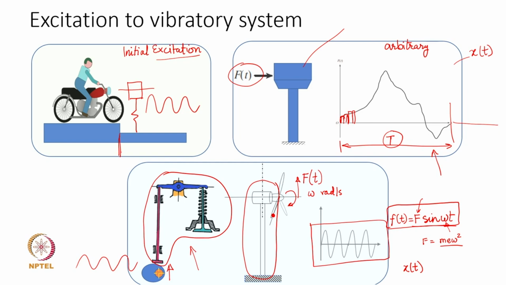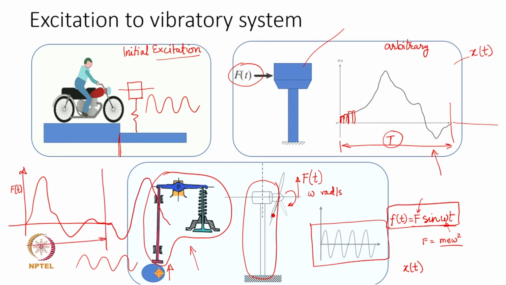Typically you might as well find an excitation function which may not be exactly harmonic, right. So, for example, in an IC engine the excitation torque to the crankshaft could be like this, although it will repeat perfectly after a certain period of time depending upon whether the engine is 2 stroke or 4 stroke.